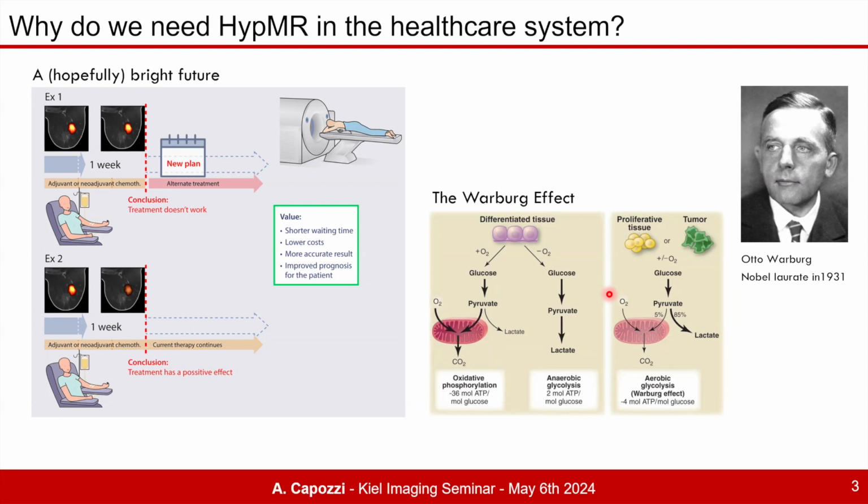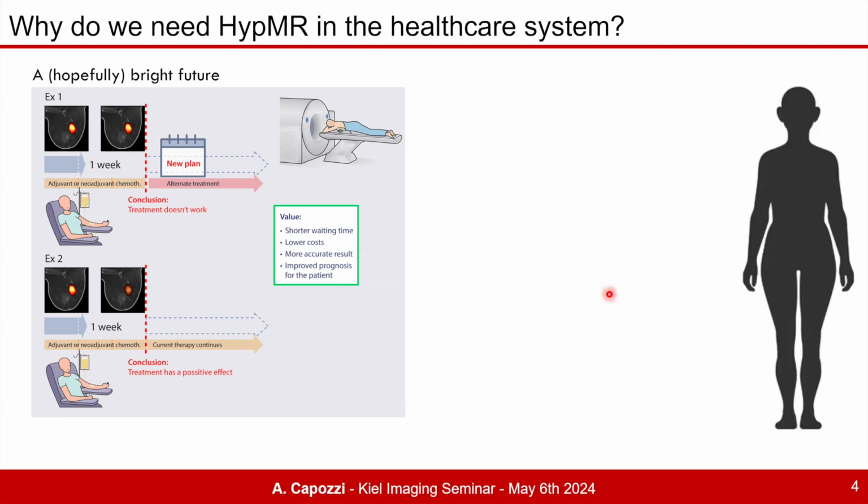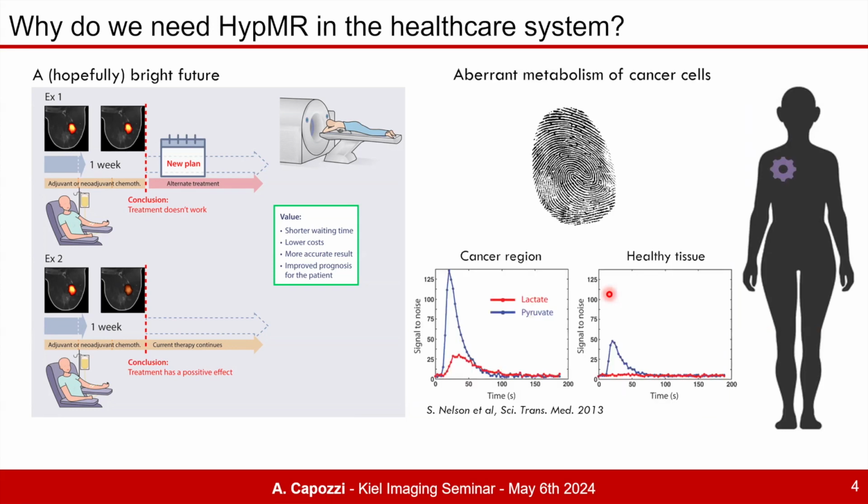This is a process that, from the energetic point of view, is not very efficient. So cancer cells need a lot of nutrients to survive, and they produce a lot of lactate. So the consequence is that cancer cells have a very peculiar fingerprint.